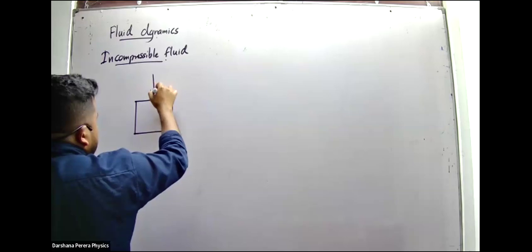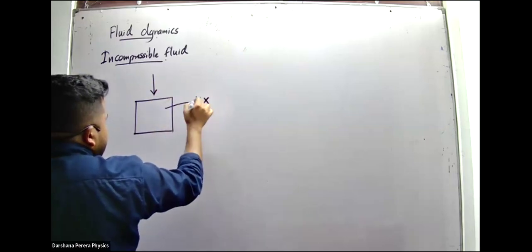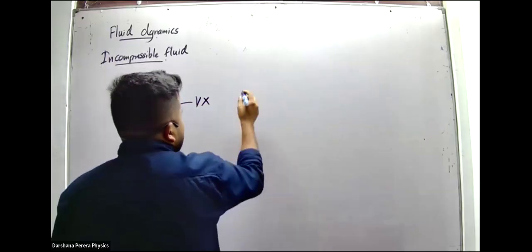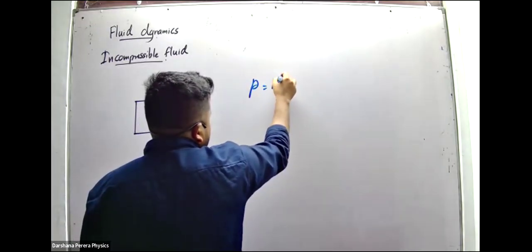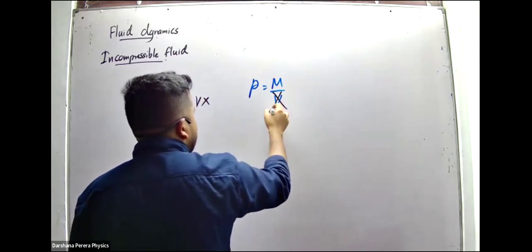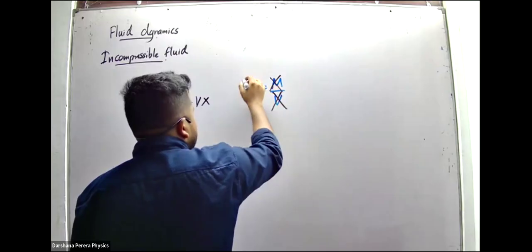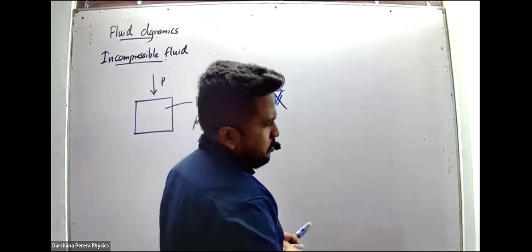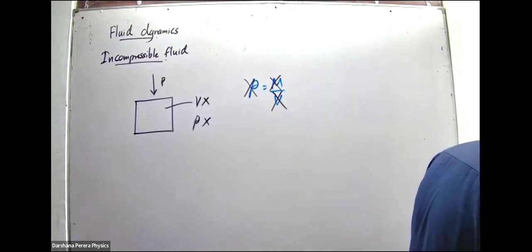So when we apply pressure, V does not change. But density rho equals M over V. If V does not change, the mass does not change, so rho does not change. That's why I told you that.